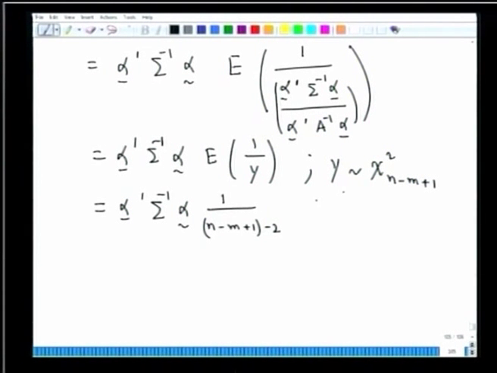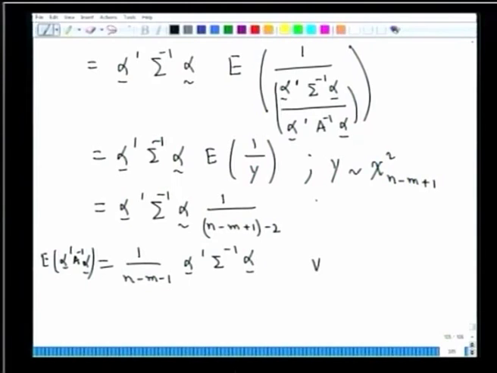Why is this true? If y follows a chi-square on n degrees of freedom, then expectation of 1 upon y is 1 upon n minus 2. So we have 1 upon n minus m minus 1 into alpha prime sigma inverse alpha. So our expectation of alpha prime A inverse alpha is equal to this term.